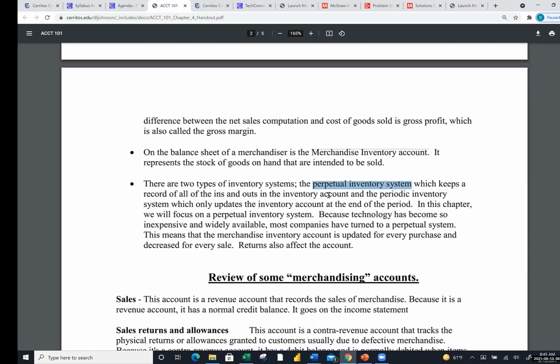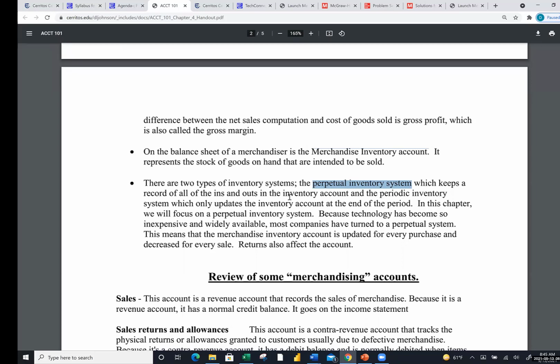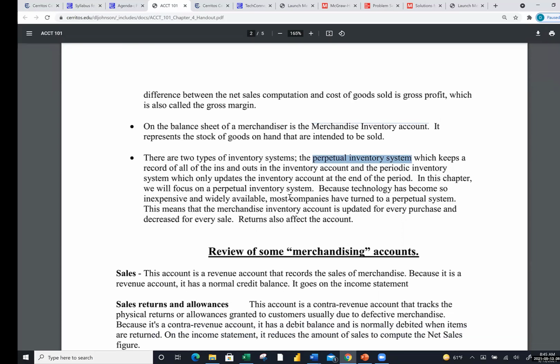Home Depot knows exactly how many shovels they have at the Huntington Beach Home Depot, and they know exactly how many hoses they have because they have a very sophisticated inventory system that actually creates purchase orders when the counts get below what the company has decided they want to have on hand. How are they able to do that? By tracking every in and every out. So that's what we're talking about in this chapter.